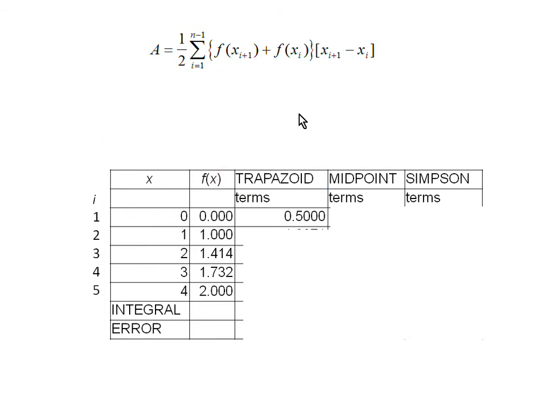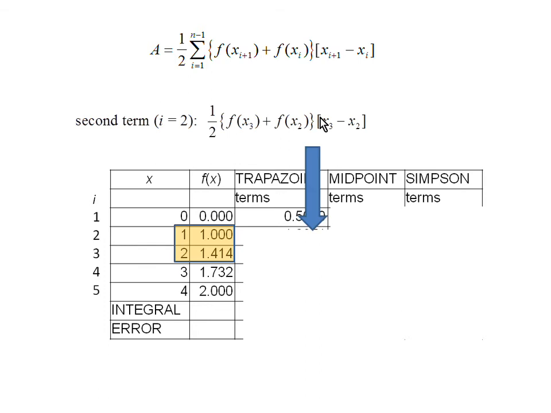Now if we go to the next term, it's going to be I equals 2, and we get this for the formula. We then use these points to calculate this expression here, and we put the result there. That's the result for the second term.